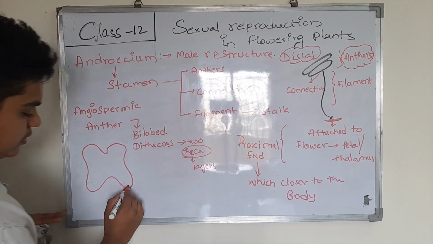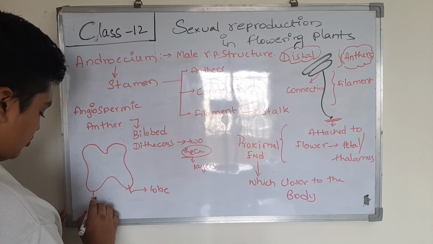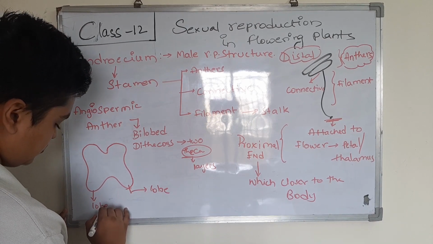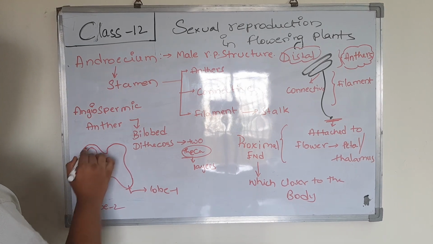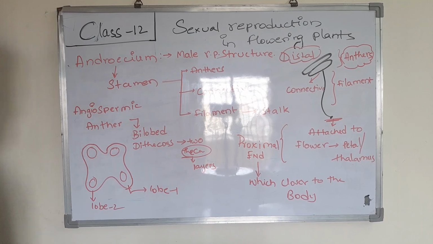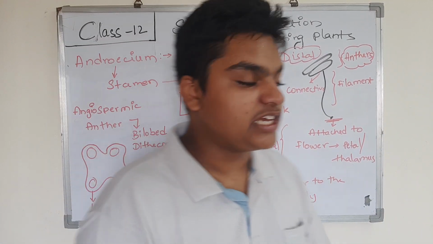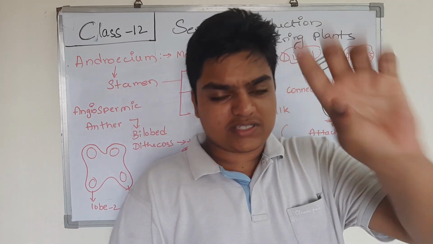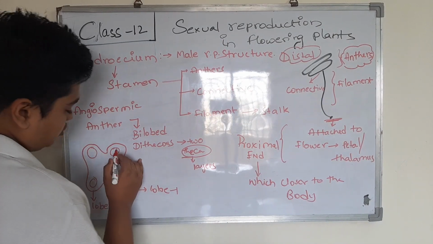This is one lobe, this is the other lobe. Each lobe at its corners has got your microsporangia, where the original pollen grain formation takes place, where the original microspore formation takes place.